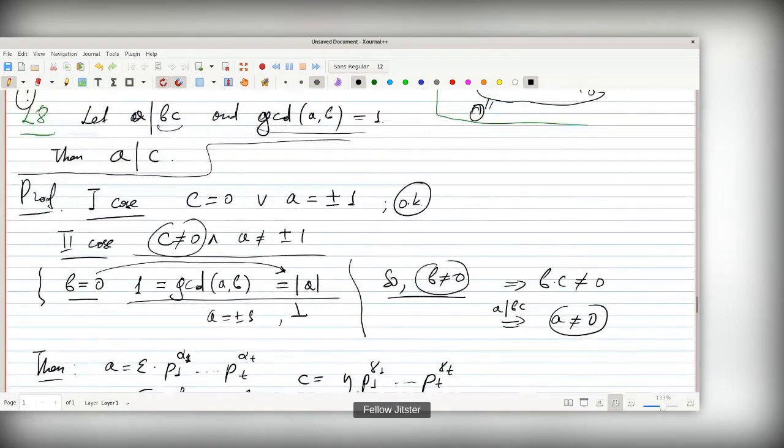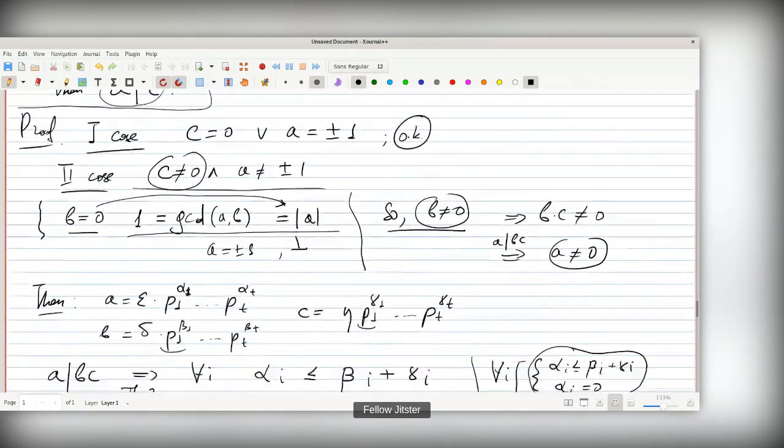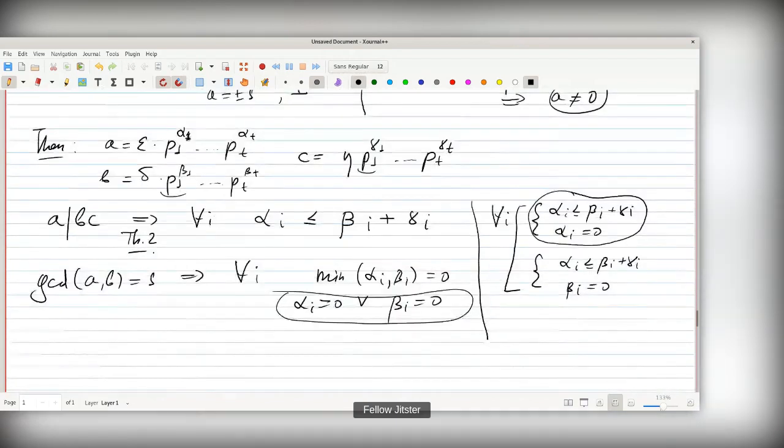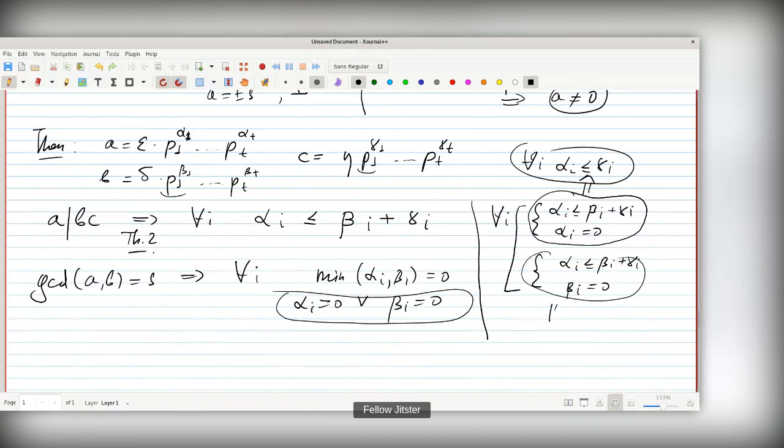We have to prove that A divides C. That is, alpha I is less or equal than gamma I. Of course, when alpha I is 0, it is guaranteed to be less or equal than gamma I for every I. And here we see that alpha I is less or equal than beta I plus gamma I, that is 0 plus gamma I. Alpha I is less or equal than gamma I for every I.